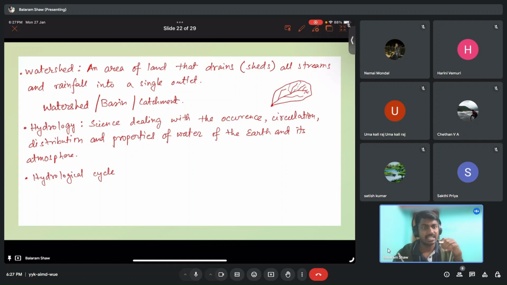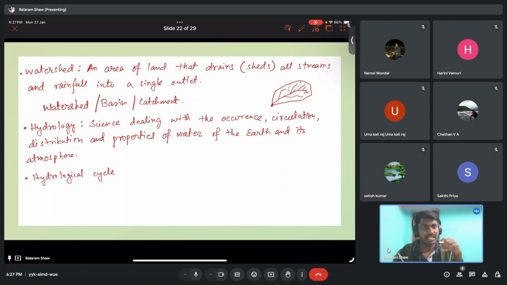So the first one of this hydrological cycle is precipitation, from where we get the water that we need. We'll be focusing on precipitation in today's tutorial, and how we measure it. Firstly, what is precipitation?